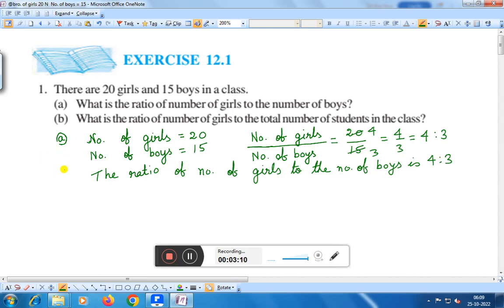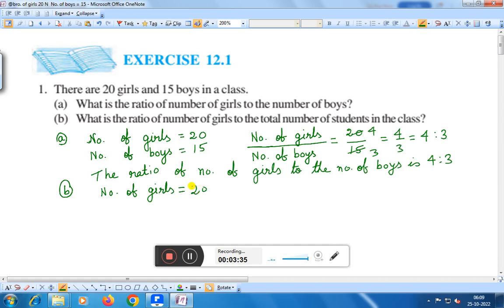Now, question number B. What is question number B? Question number B is, what is the ratio of number of girls to the total number of students in the class? Here we find that number of girls is equal to 20, right?